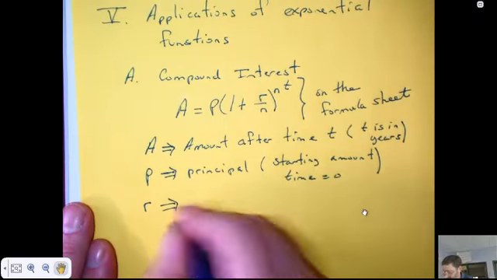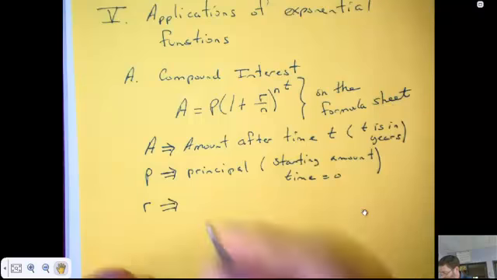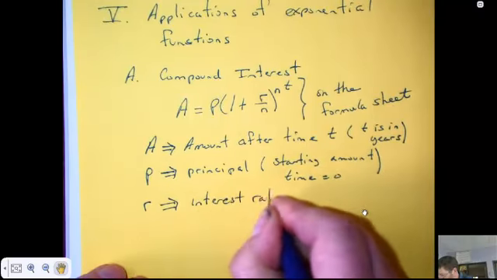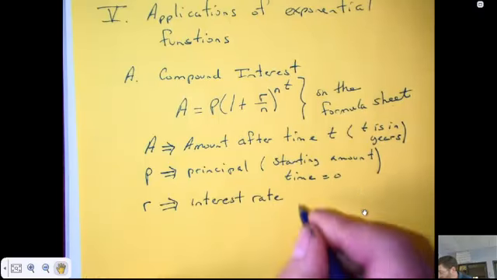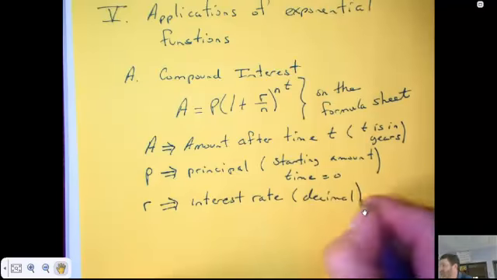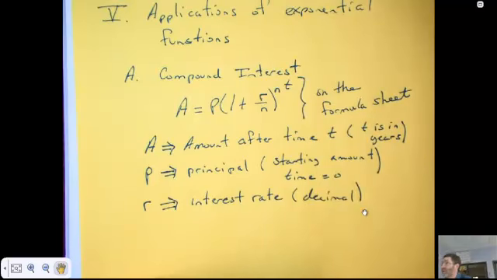r is the interest rate. Make sure you write that as a decimal, because sometimes students on tests forget to change it to a decimal and they get this huge number.